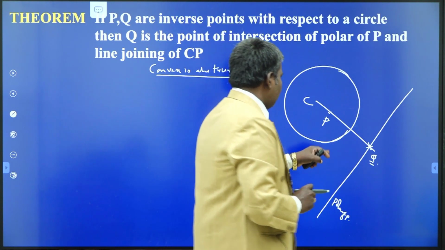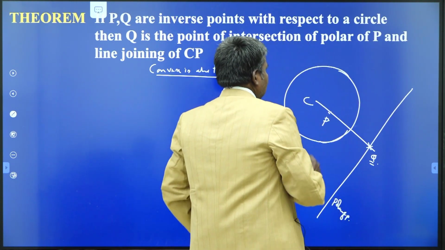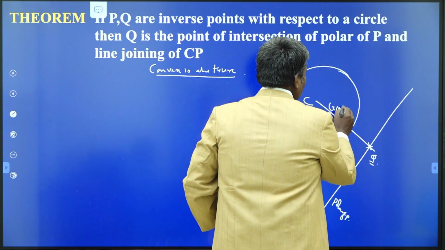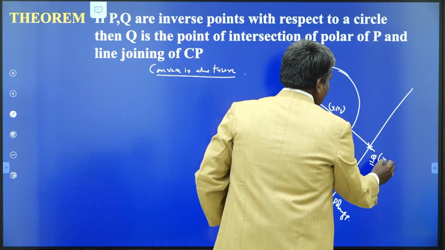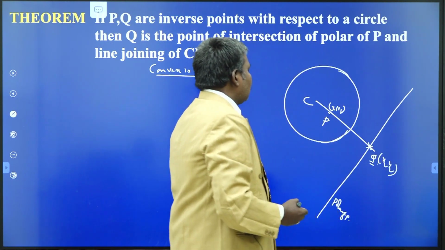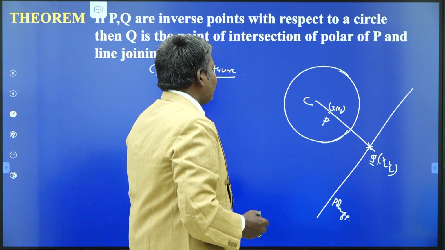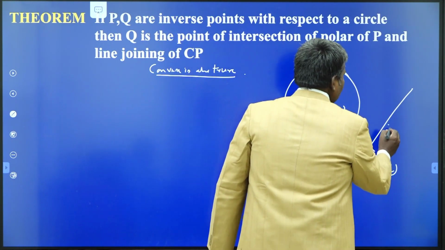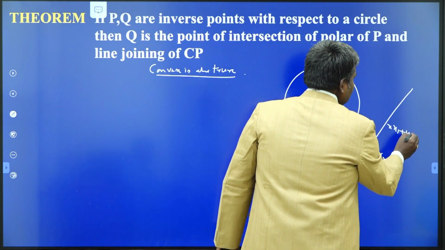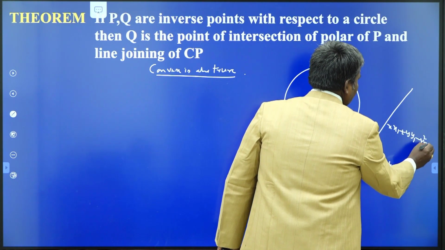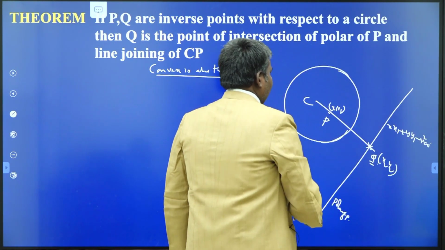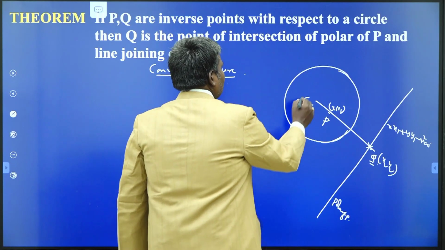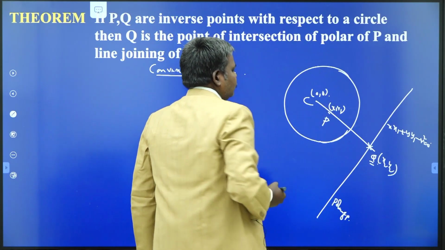So, my dears, what is this one? Polar of P. Suppose your point is (x1, y1). This is the point (x2, y2). Now, what is the equation of the polar of P? S1 equal to 0. That is x x1 + y y1 - r square equal to 0. This is the polar of P. Now, what are the coordinates of C? (0, 0).